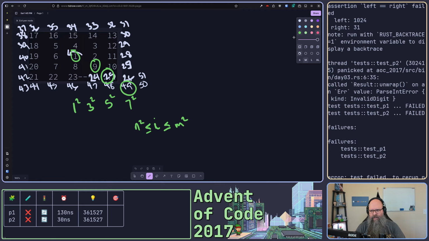So if we want to try and solve 12 and 23, how do those numbers relate to these? Interestingly, they're both on this outer edge, right?